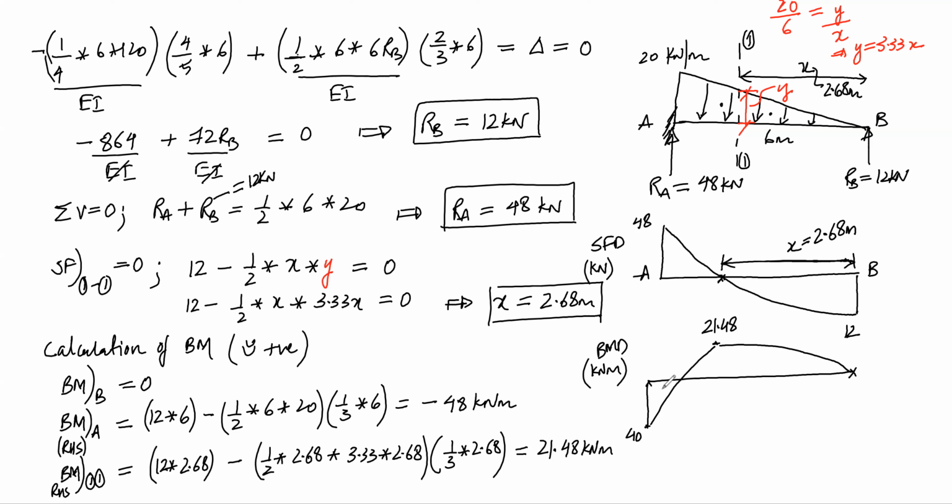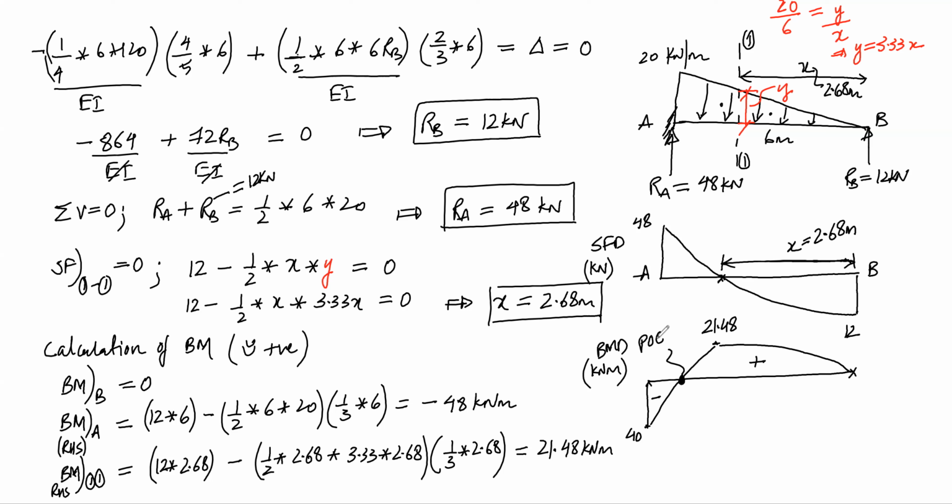So below the reference is negative, above the reference is positive, and this point is the point of contraflexure where the bending moment is 0.